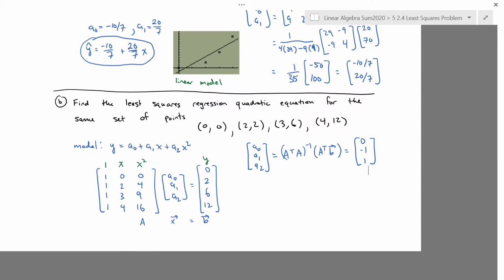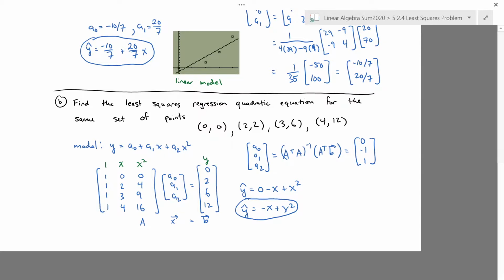So we see our model is going to be: A0 is 0, so that term goes away. Then A1 is -1, so 0 minus x plus 1 times x squared, so plus x squared. So y hat is equal to minus x plus x squared.